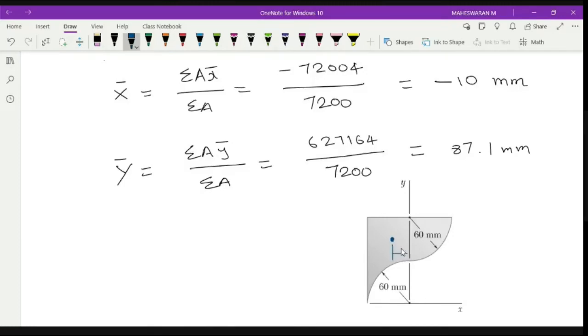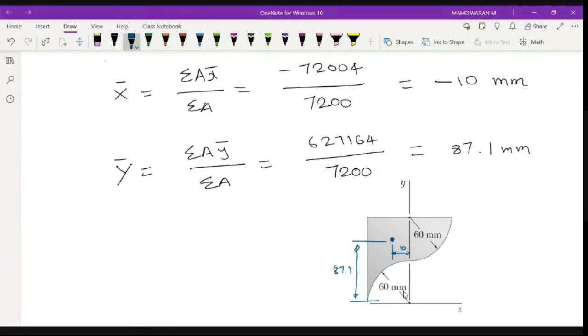So this distance is 10, and this distance is 87.1. Make sure I am not putting minus 10 because I am marking this in the negative axis, right? So it's positive. Okay. So I mark it in negative, and this is positive, right? So this is my point.